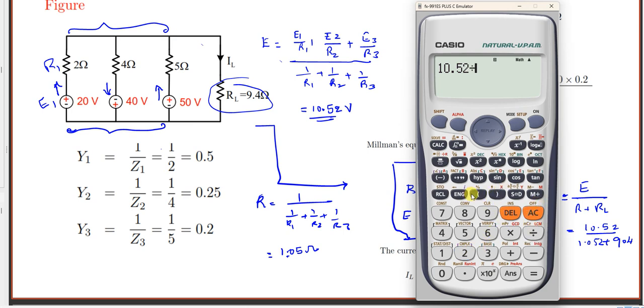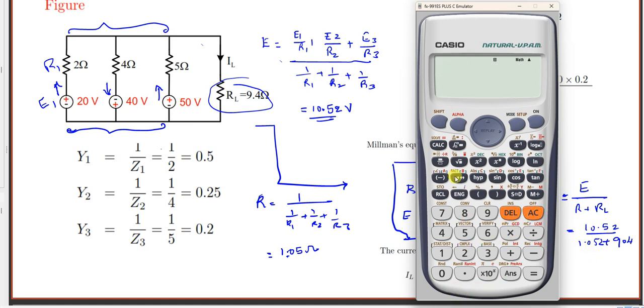Divide by, I told you, if you are not using this one, then you have to use brackets. 9.4. Okay, 10.52 divided by, if you are not using this portion, what is the answer? You can see it is 2630 divided by 2613, approximately equal to 1.000. Okay, so the answer is 1 amp.